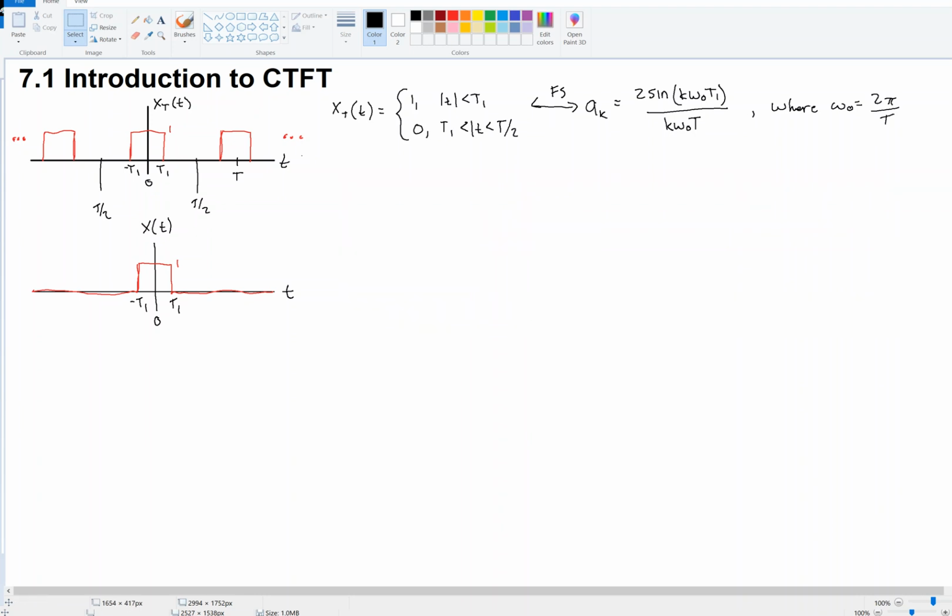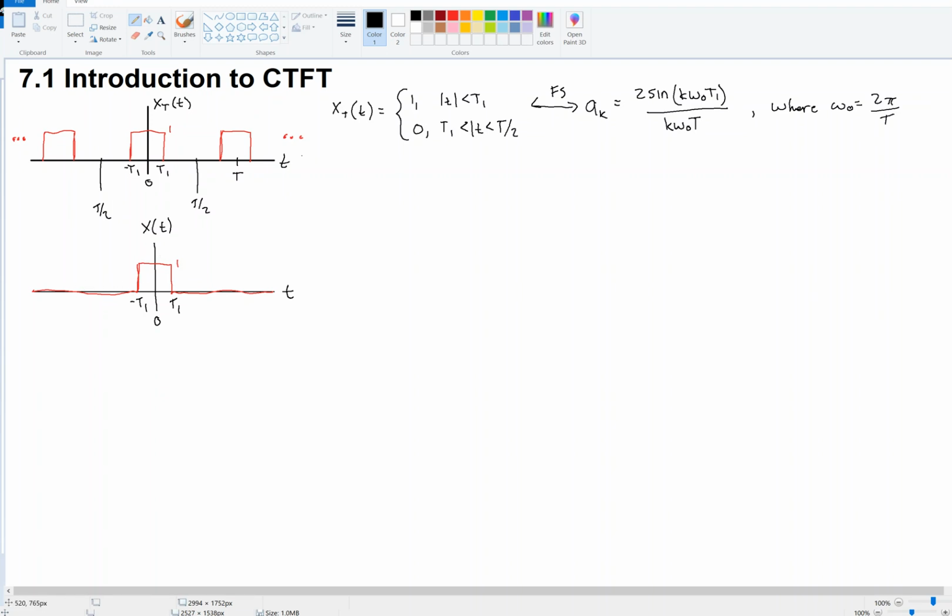And in the same sense, we're going to find the frequency components in this square pulse that does not repeat. Now, I've got an x sub T of t, so this is a square pulse that does repeat. It's got a pulse width of 2T1 and a period of T, and then of course related to that is x of t, which is just a square pulse that does not repeat.